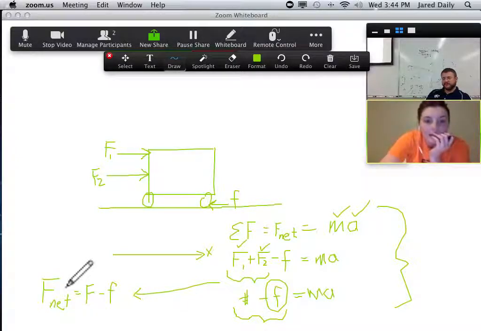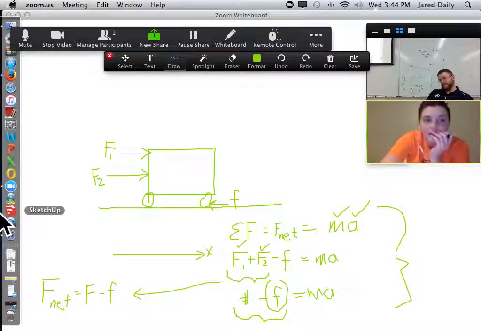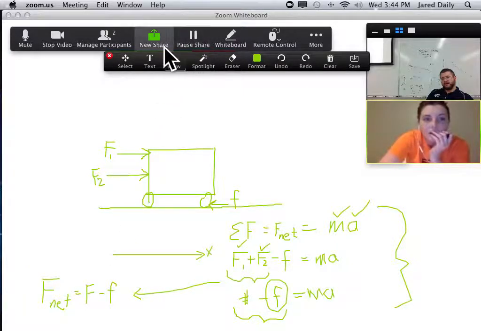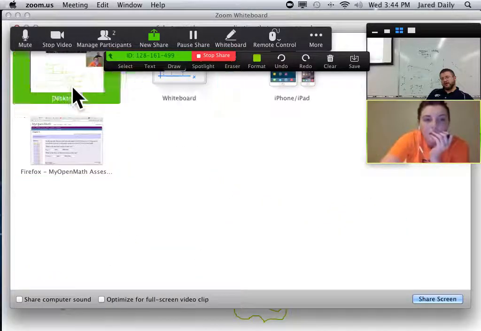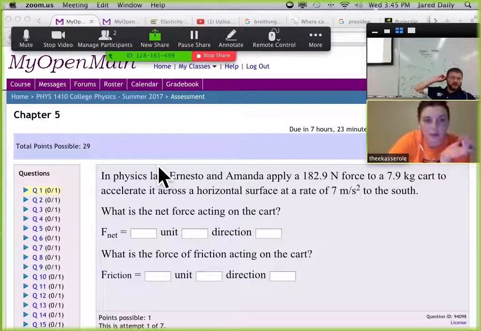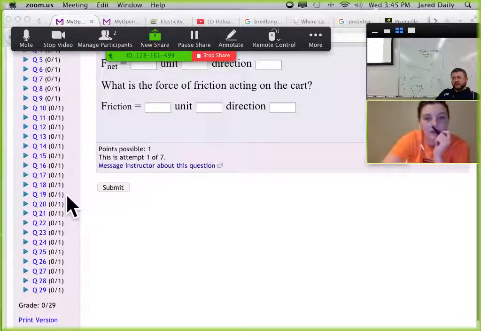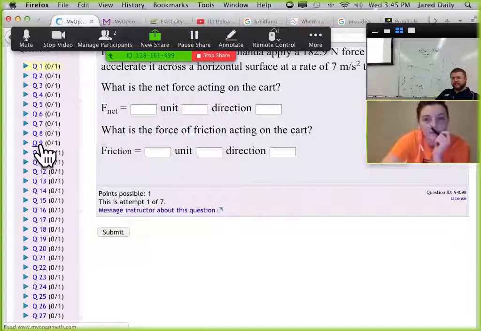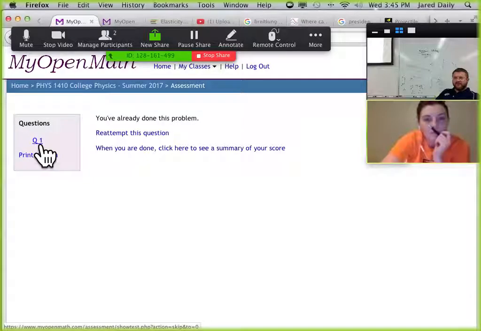Number 9, I just have a couple questions within this. Okay, number 9. Let's see. I got number 8 and 10 correct, but I was struggling with the concept, I think, on a couple of these. Number 9 in chapter 5 here? Yeah. I've already done this problem.